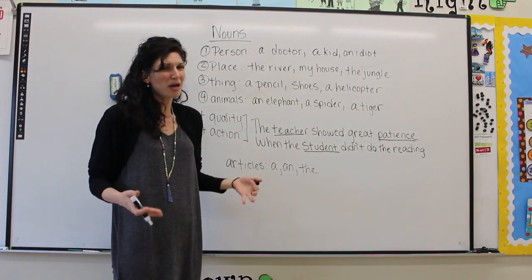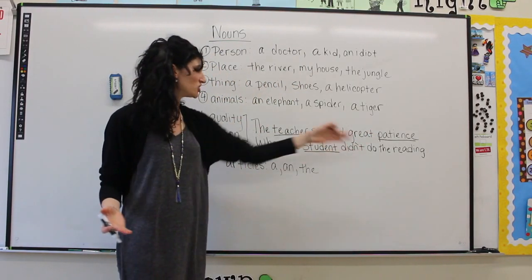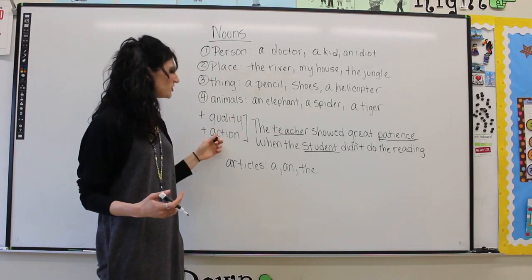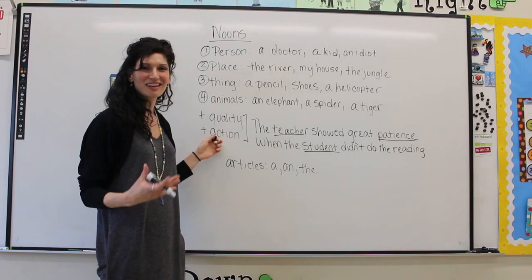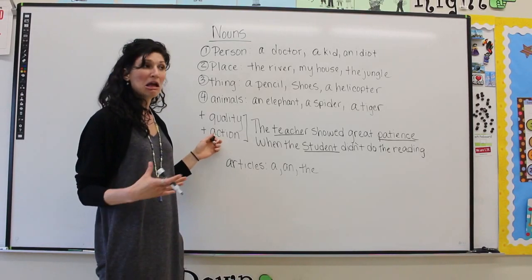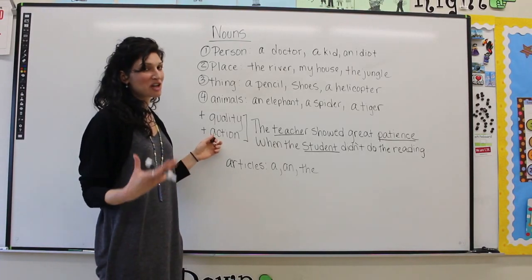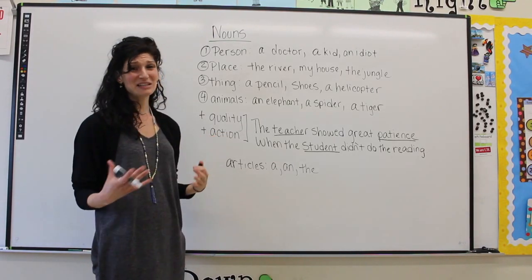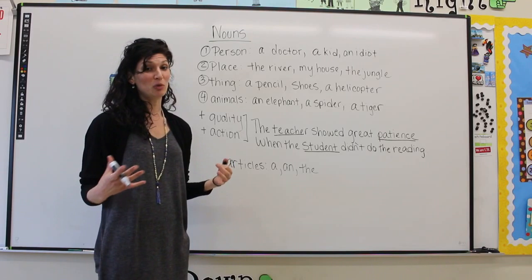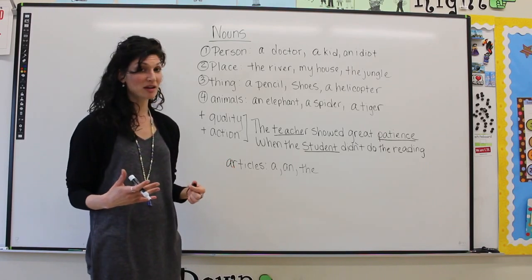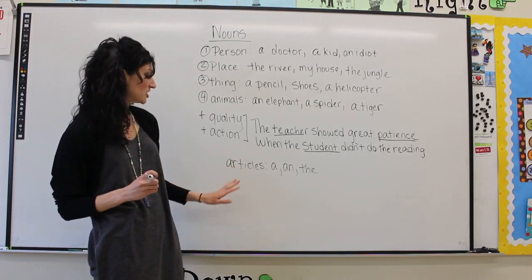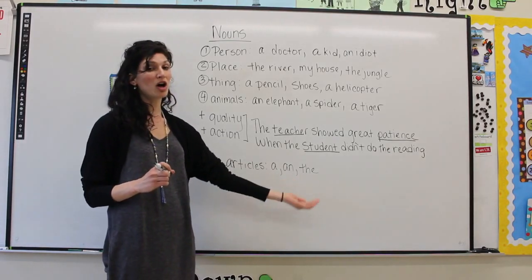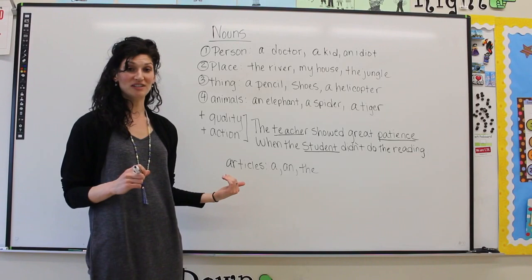So you're probably thinking, okay, I get the part about patience being a quality and nouns being able to be qualities, but what about the action part? Because I thought that action words were verbs. And you would be right, action words are verbs, but not all the time. A good clue that we often have to figure this out is that oftentimes an article, like the words a or the, will come before an action word that's a noun.